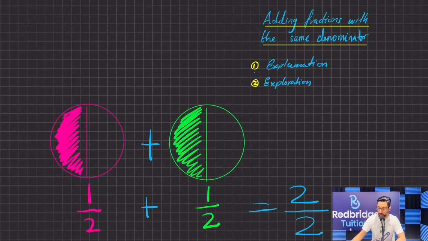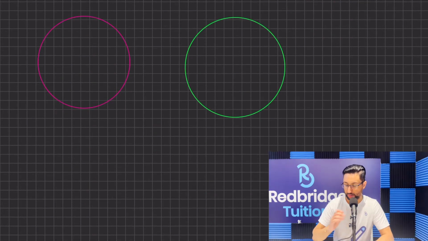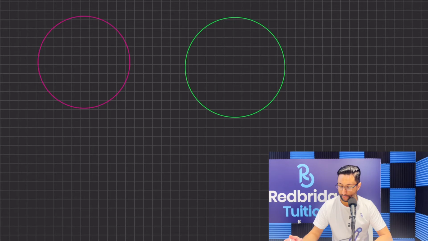Let's take a look at one that's a little more complicated. Again, let's say we've got two cakes here, and you've got two different types of cake, and we're going to divide them and share them between several people at a party.